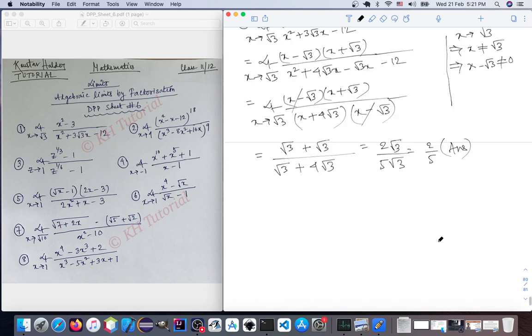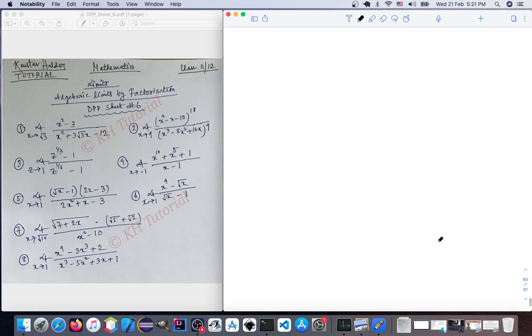Let's see the next problem. It says limit x tending to 4 of (x square minus x minus 12) whole to the power 18 divided by (x cube minus 8x square plus 16x) whole to the power 9.